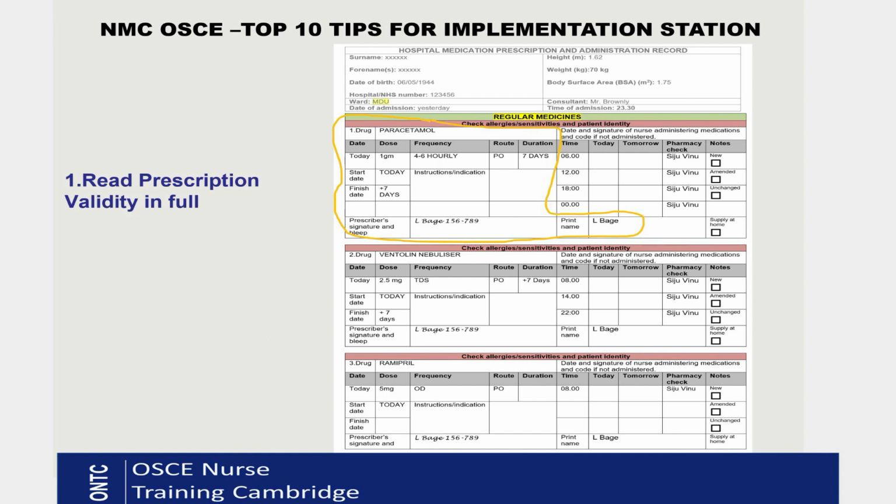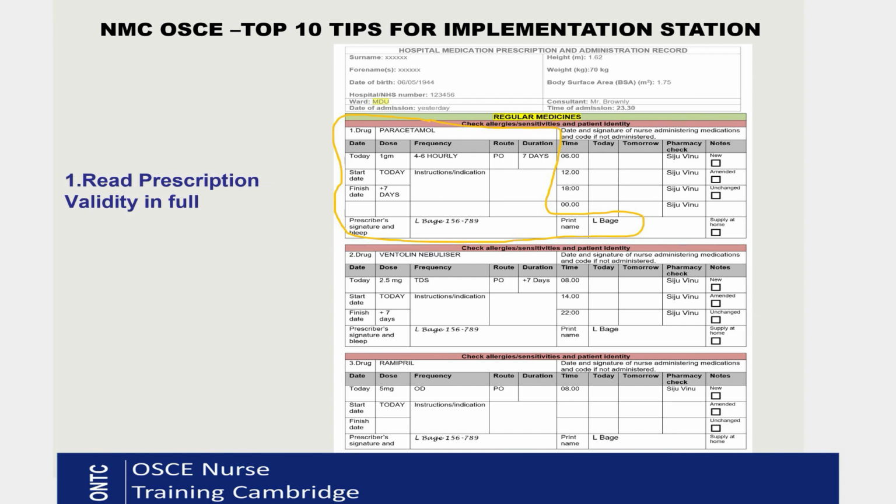So I will give you an example. Say, for example, you have your prescribed drug on the drug chart, as you can see on your screen. How will you read the validity? I will read it like this. Drug is paracetamol, that's for pain.